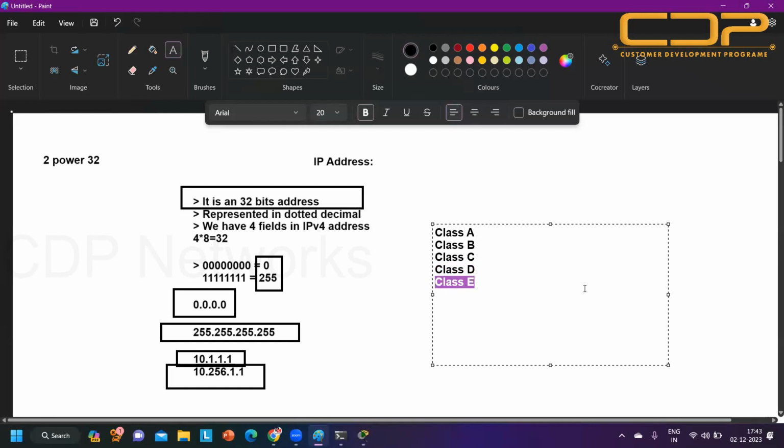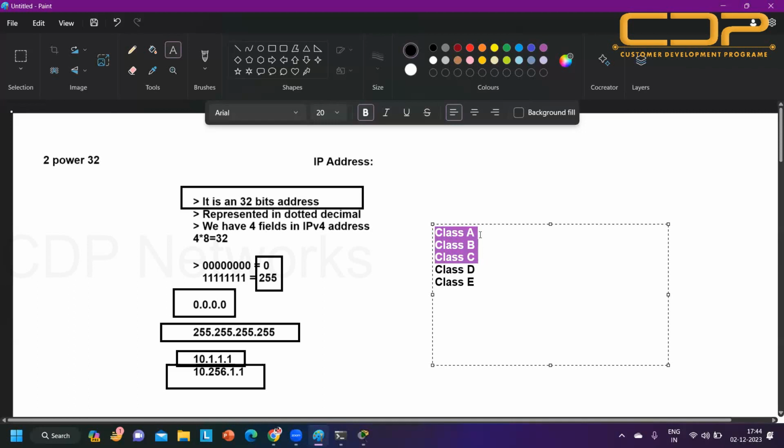These research centers use IP addresses from class E. Class D is used for multicasting: when you learn the OSPF routing protocol or other routing protocols, you will see they use multicast addresses. So for that multicasting, we reserve class D. As a network engineer, you need to work on the upper 3 classes: class A, class B, class C.